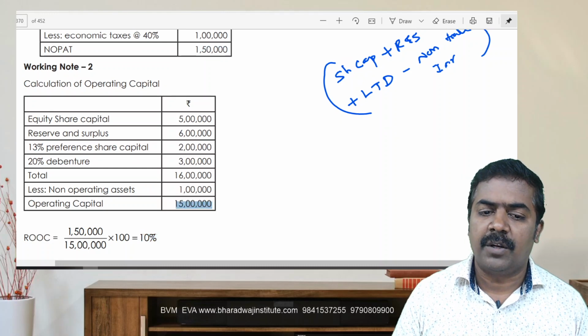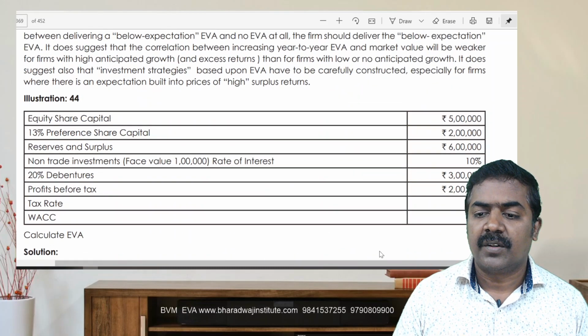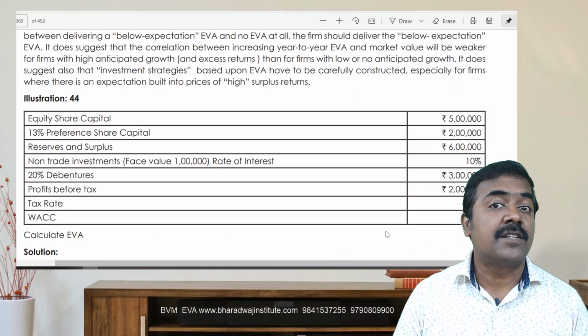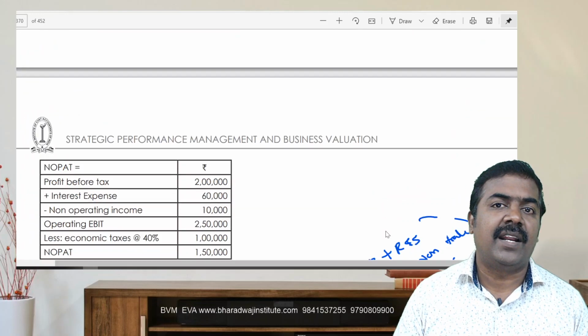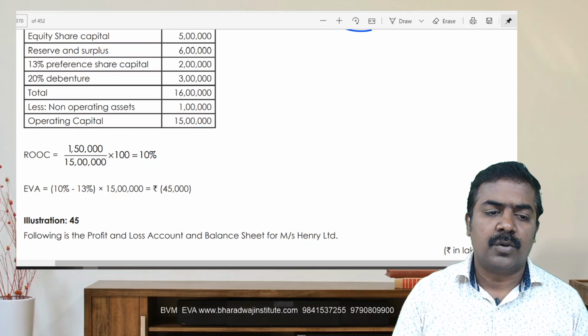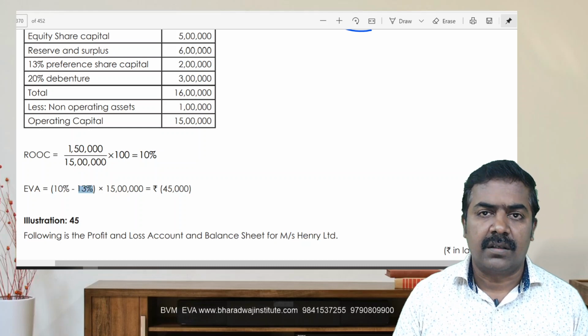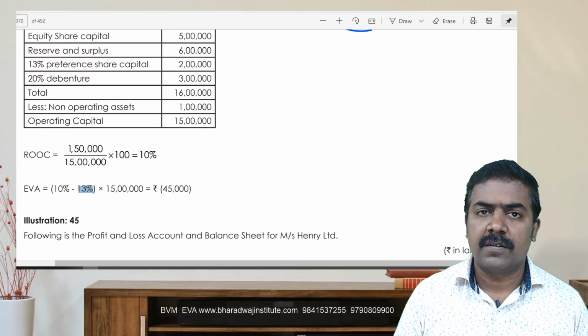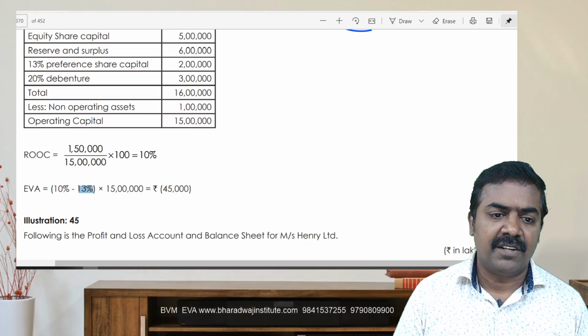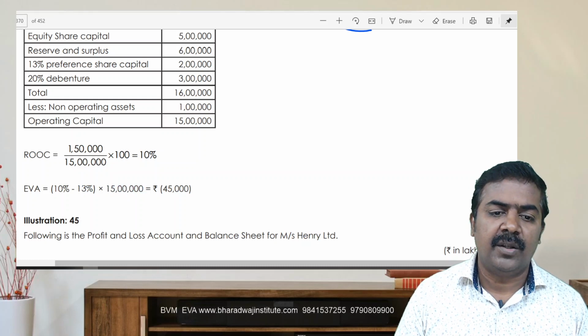After paying taxes, you are making 10%. But what is your cost of capital? 13% is the cost of capital, which means the company will have a negative value added. So EVA is nothing but return on capital employed minus weighted average cost of capital into operating capital or capital employed, and you get negative EVA.